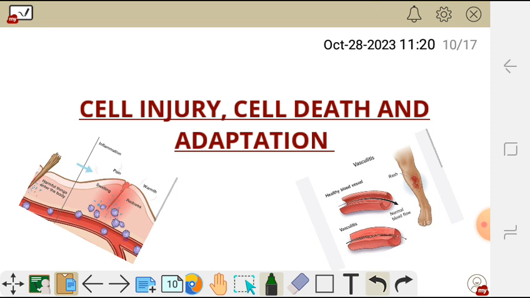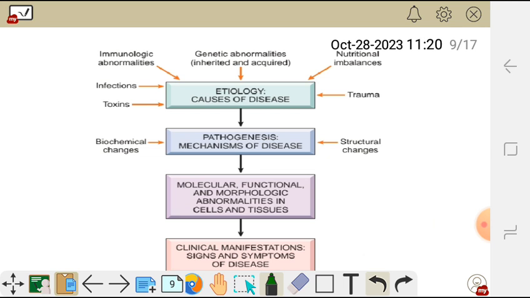But before we look at this, let's summarize the last part, where we talked about the evolution or steps of a disease. The first one is etiology, or the cause of the disease. A disease can be caused by a lot of things, and one of them is trauma.